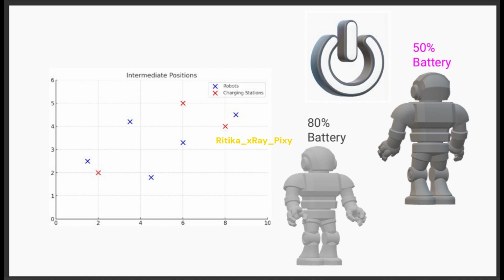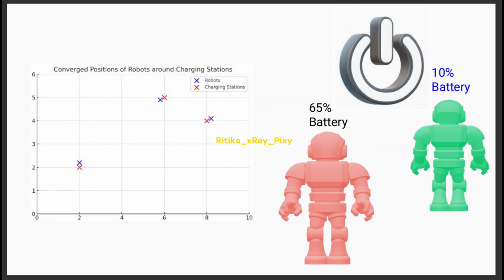In the final stage, robots cluster around the best charging station and velocity reduces as the robots converge on the optimal solution. Exploring the search space, then robots moving closer to the charging station, and then converging, then robots clustered around the charging station.